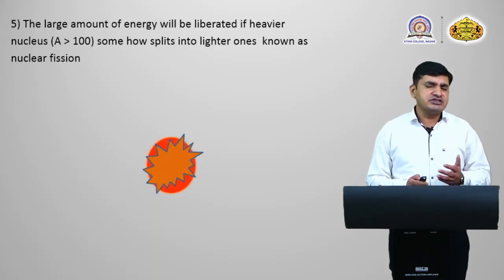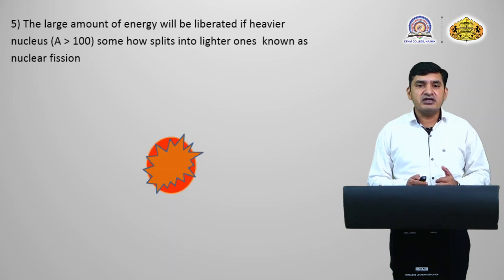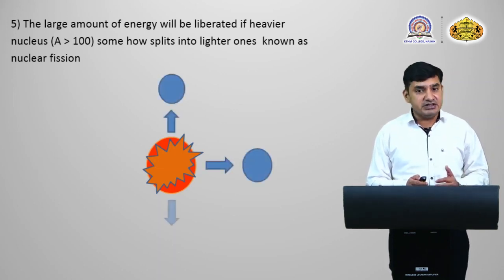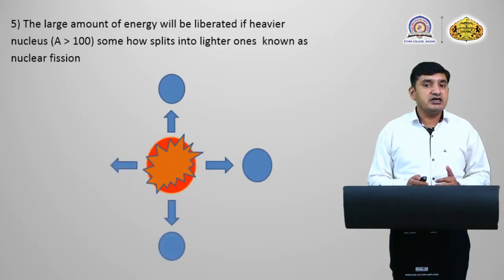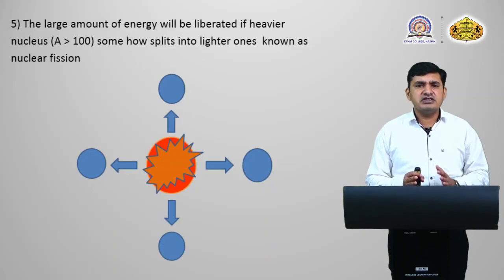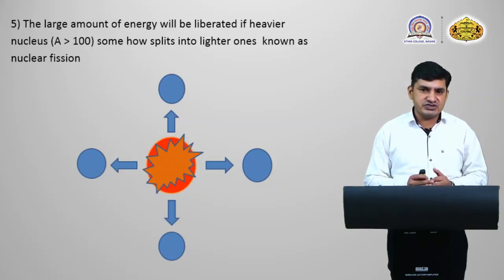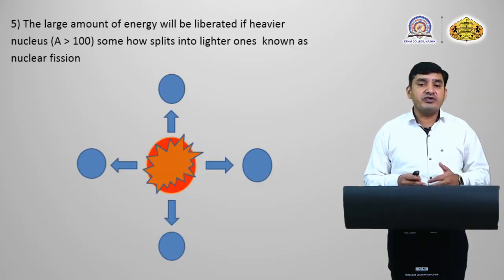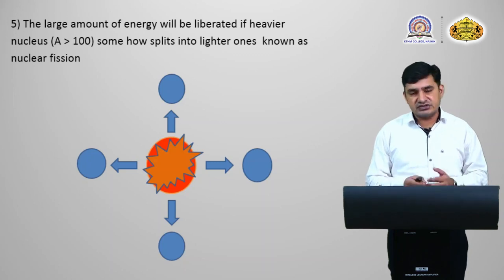We can represent this like this. This represents the heavier nucleus, which is split into lighter nuclei, and this process is known as the nuclear fission process, and a large amount of energy is released.